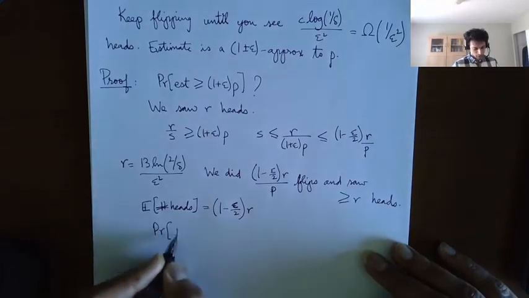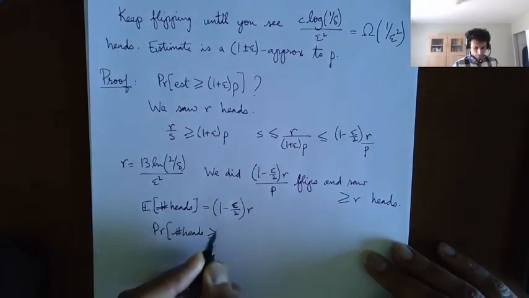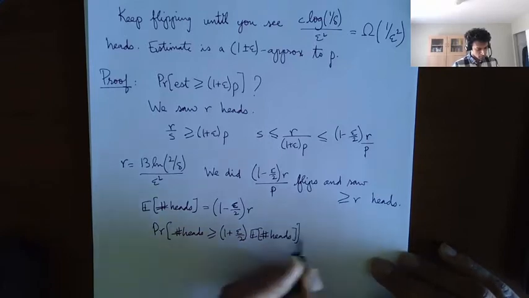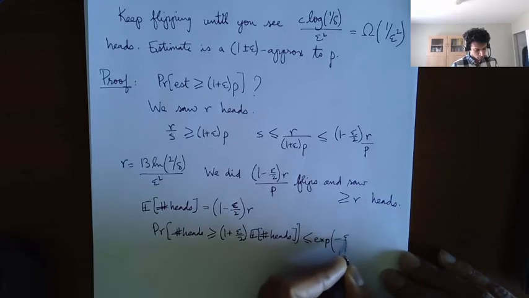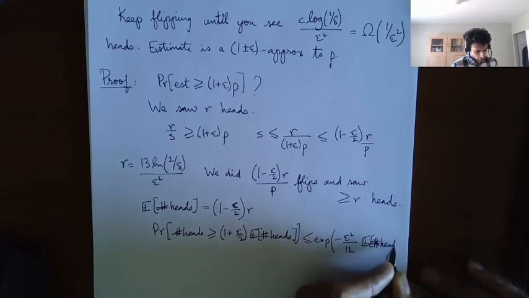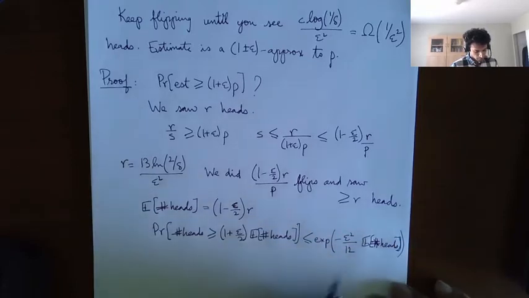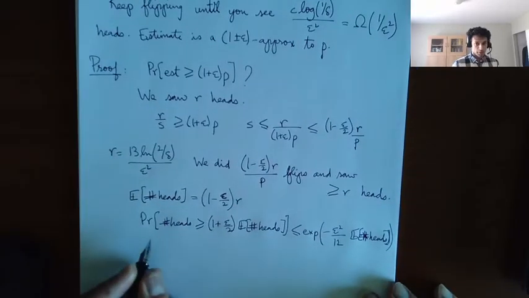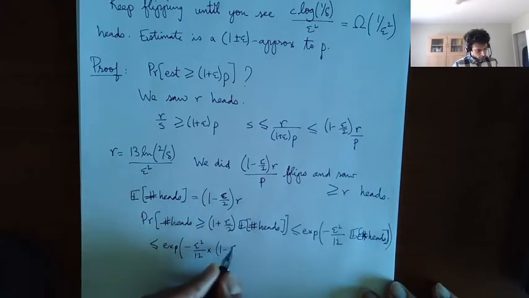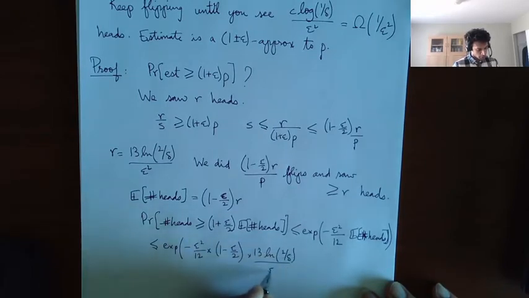We can say that the probability that the number of heads was more than (1 plus epsilon over 2) times the expected number of heads is at most, now let's crank the numbers, the expectation of the number of heads, and the expected number of heads was this, so this is less than or equal to the exponent times 1/2 times (1 minus epsilon over 2). r is like 13 log(2/delta) divided by epsilon squared.